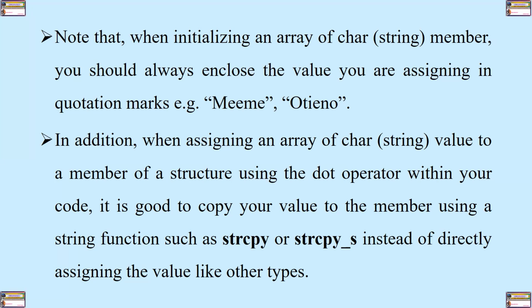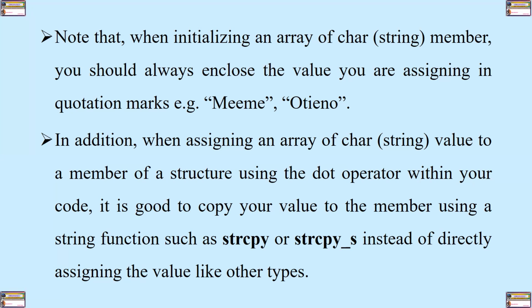And therefore, to allow the data that is entered to be held as one set of characters, it's always good to use the function for copying the string to the member.